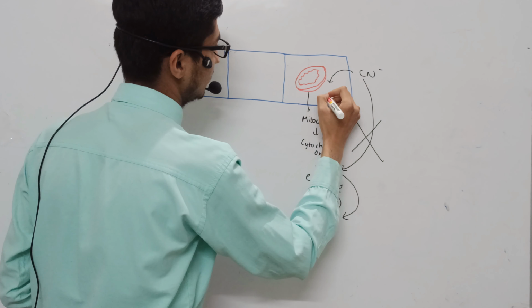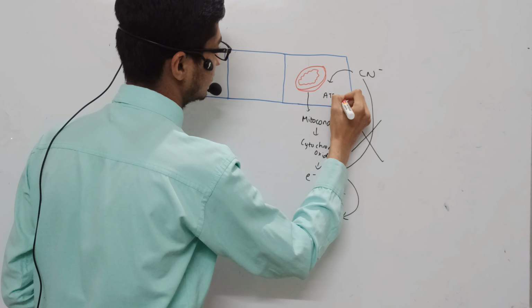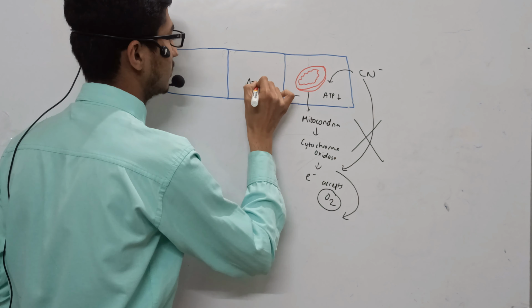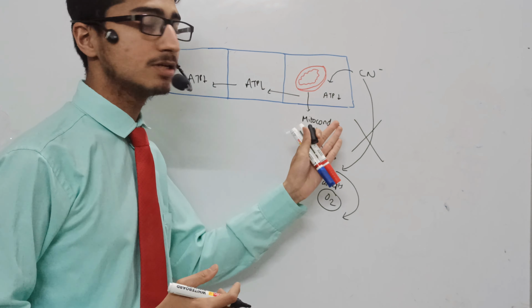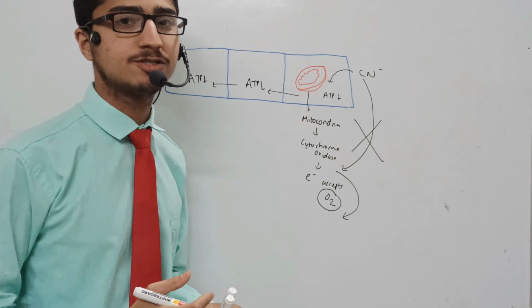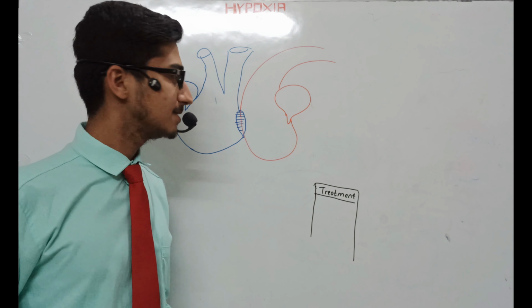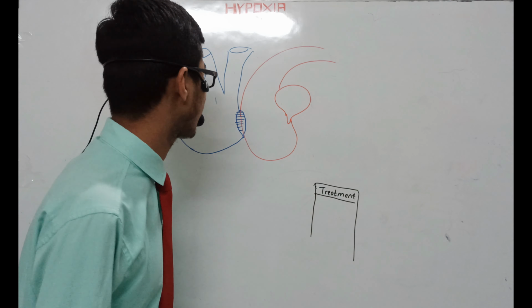If the ATP production decreases here, it will also affect this cell, and here also ATP production decreases, so there will be less oxygen utilization in the tissue, which will lead to hypoxia. So this is a kind of hypoxia caused by cyanide poisoning, that is histotoxic hypoxia.